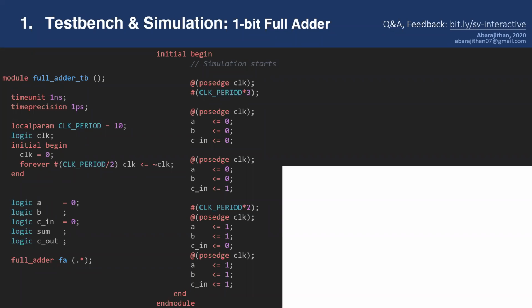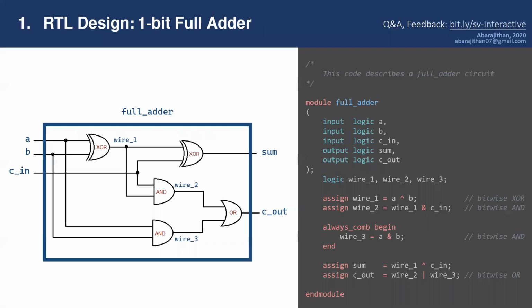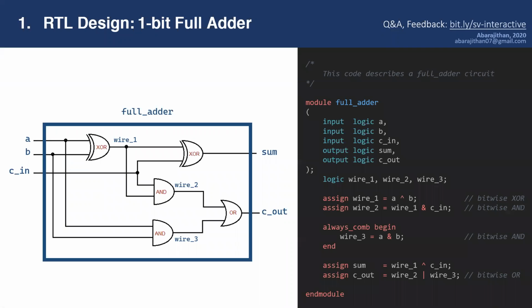There is no clock input to the full adder module, but clock is there in the test bench file. Yes, the full adder module doesn't have a clock. The reason is full adder is a combinational circuit. Combinational circuit means it has just gates. You have a gate and you do something and give an output. There are no registers, there are no flip-flops.